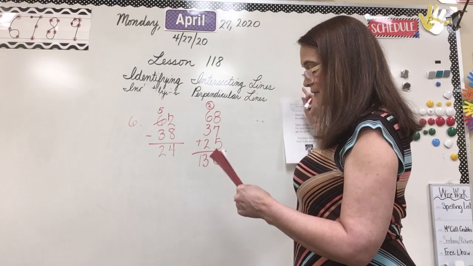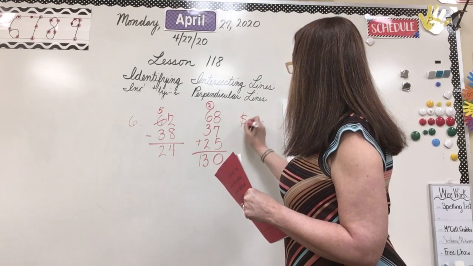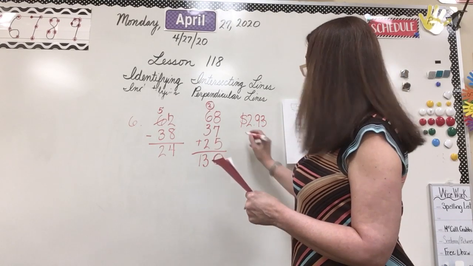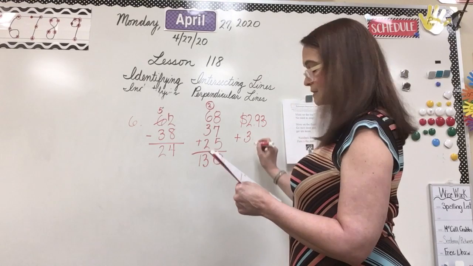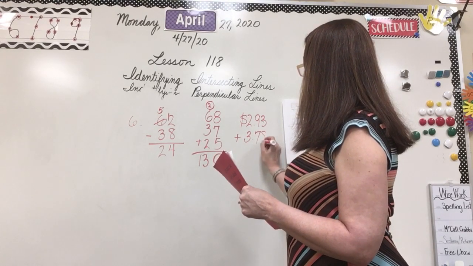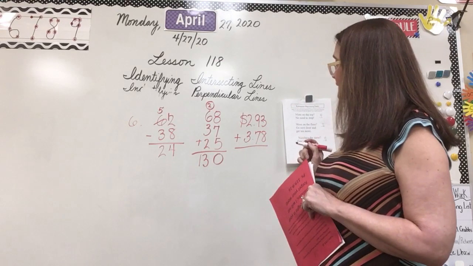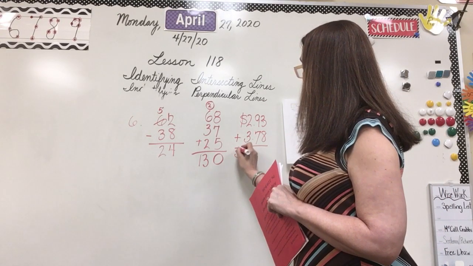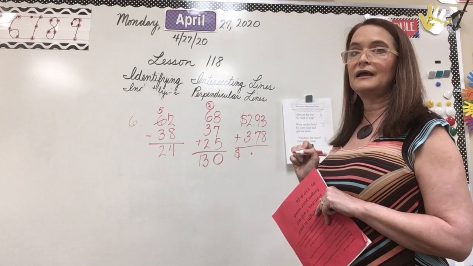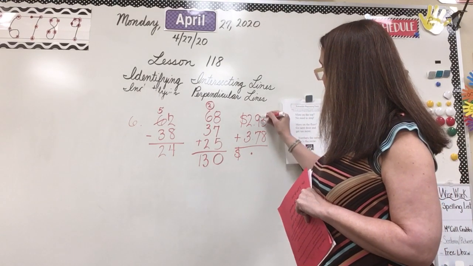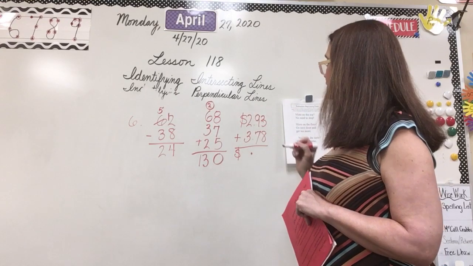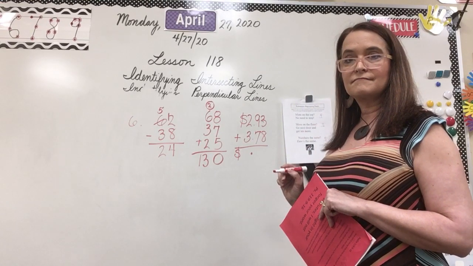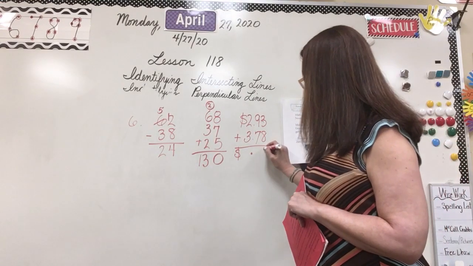Now, look at this next one. We have $2.93 plus $3.78. Now remember how important it is to bring that decimal down and that dollar sign down so I don't forget it. And I have to line my columns up so that my answer is correct. 3 plus 8 is 11.